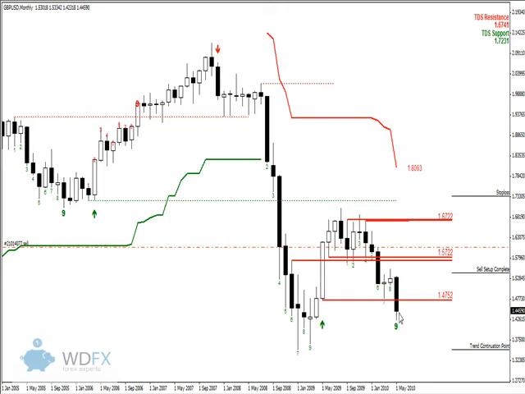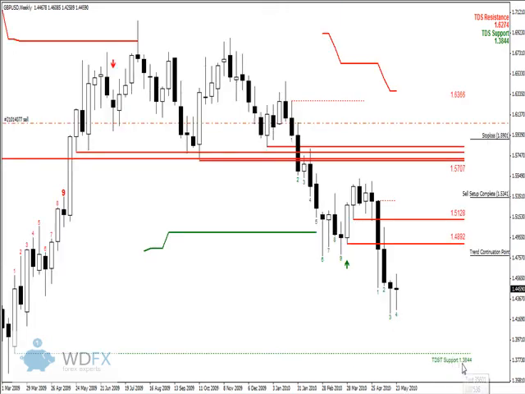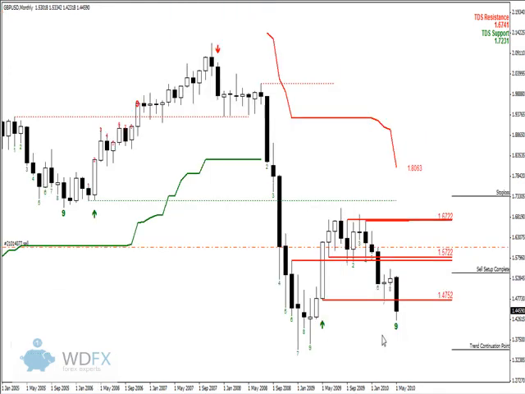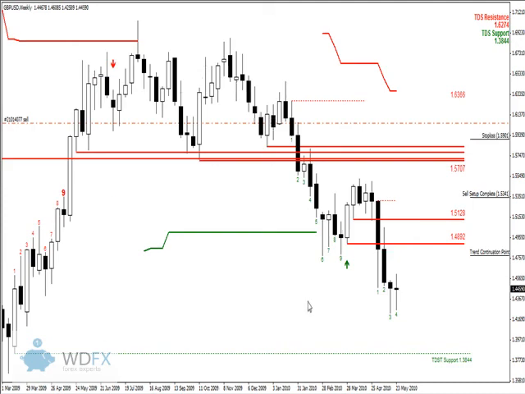I mean, certainly if we do go a wee bit lower and we bounce from the TDST support at 1.3844, and then we make a buy setup on the weekly chart, having already got this buy setup in place on the monthly chart, then we could actually see quite a significant bounce from here.